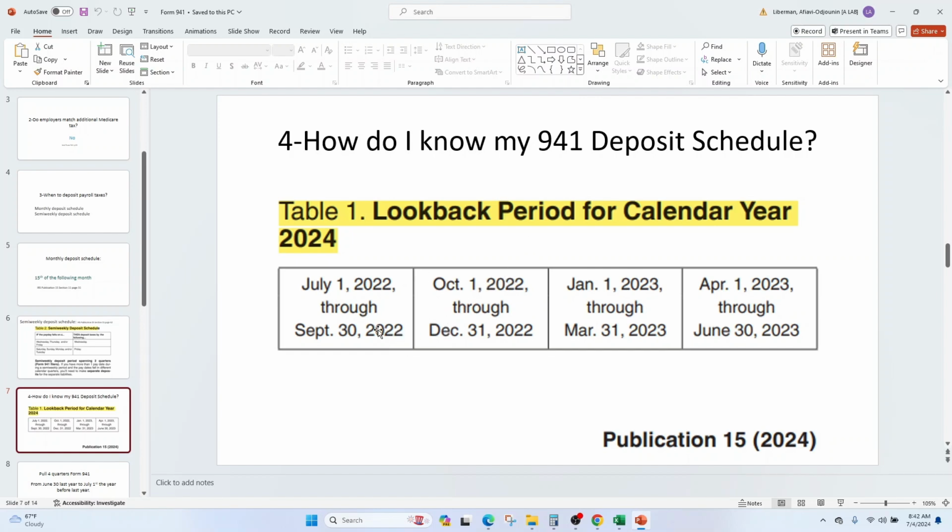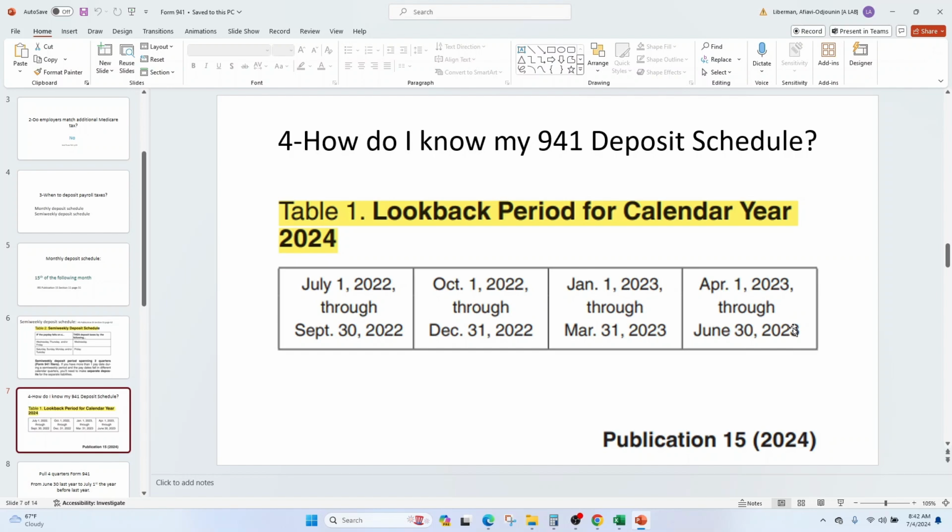You will have a 2-year look back to look at. So if you are a Form 941 filer and you have been filing Form 941, you will look at July 2022 to June 30th, 2023. So that will be 4 quarters.